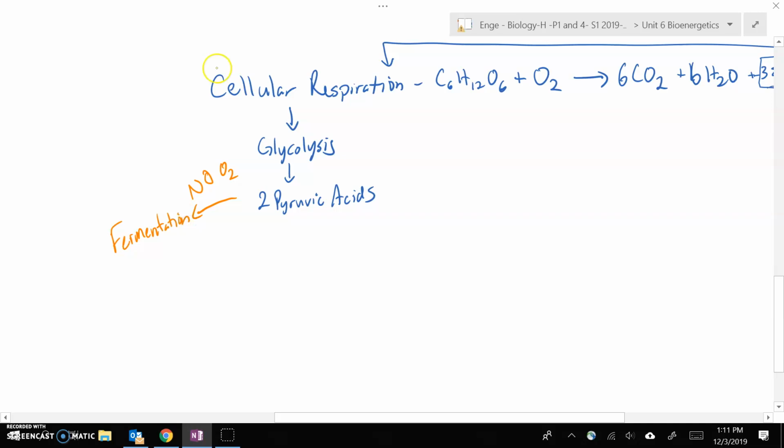Now, fermentation and glycolysis are both considered anaerobic respiration. That makes sense to you guys? So it's both of those. Now, in glycolysis, we got 2 ATP, but what else did we get? 2 NADH.